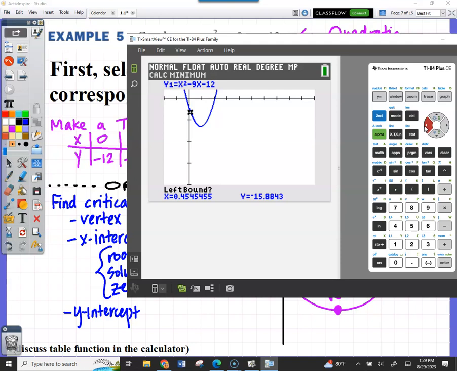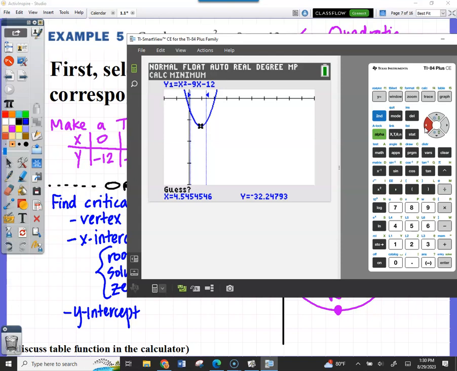Okay, so hit enter. You will notice a line appears, and now it's marking. Okay, so we're cutting it from the left here. Now we're going to repeat with a right bound. Another line appears. Now it's going to say, give me a guess, which just means put the cursor about where it looks like it's on the vertex. This does not have to be perfect.